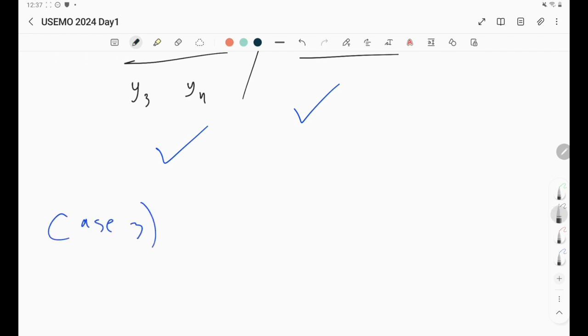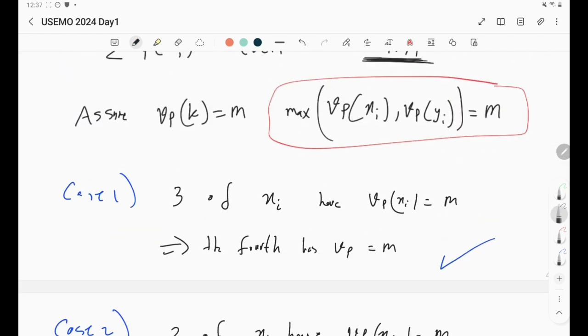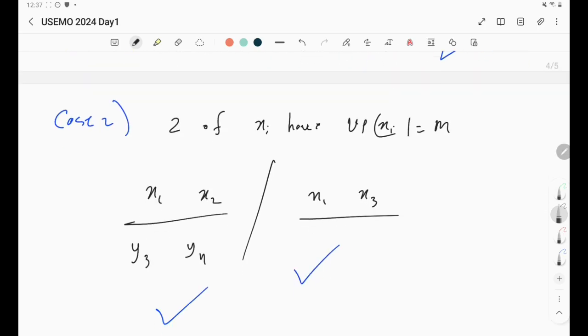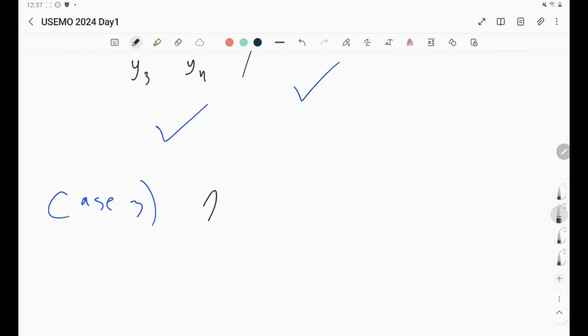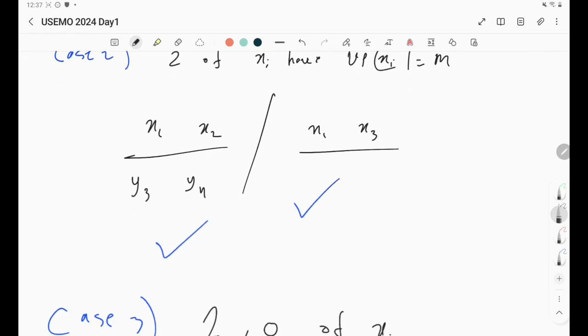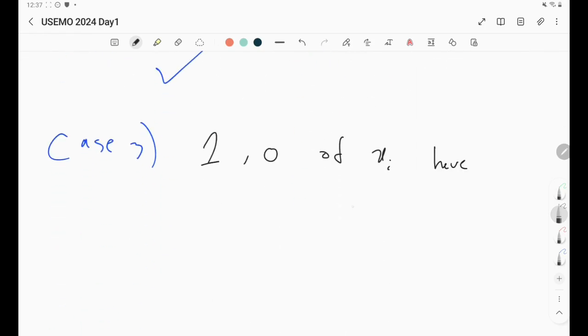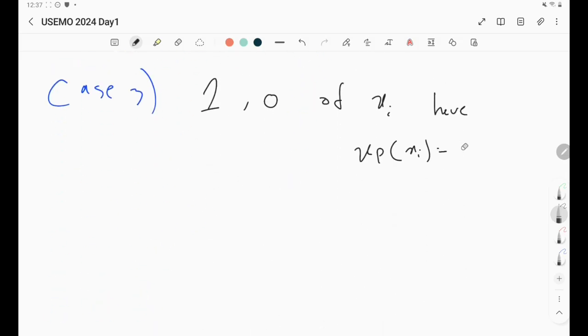So what's case 3? Okay, so far we discussed 4, 3, 2. Now, 1 or 0 of the xi's have their VP as m.